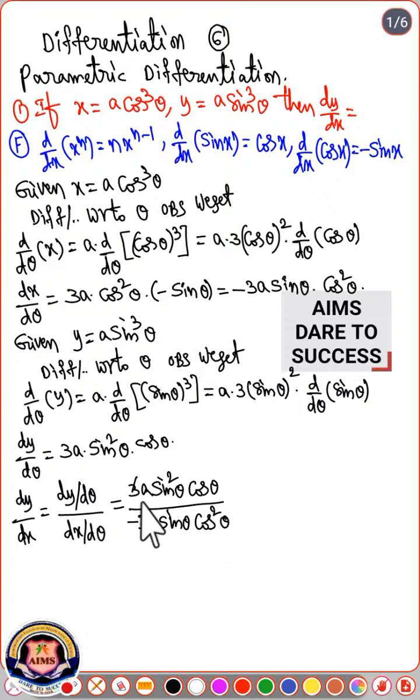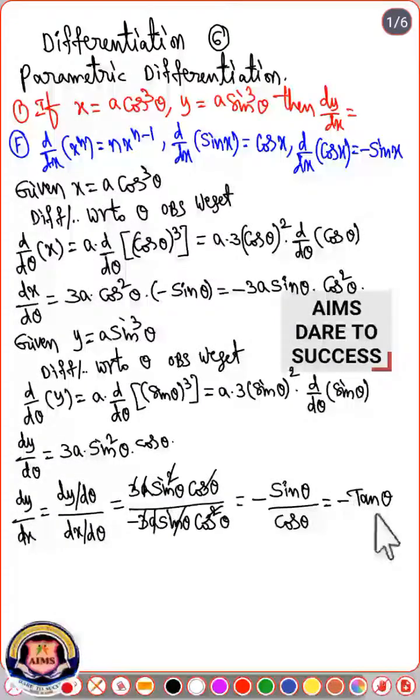Here, my dears, 3 cancelled, a cancelled, one sin cancelled, one cos cancelled. So the minus comes first, later the numerator is only sin theta divided by the denominator only cos theta. So minus sin theta by cos theta is minus tan theta, which is the differentiation of the given values.